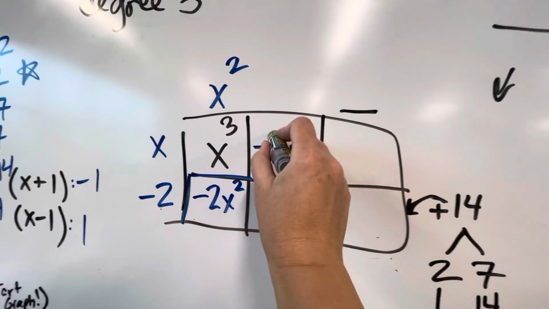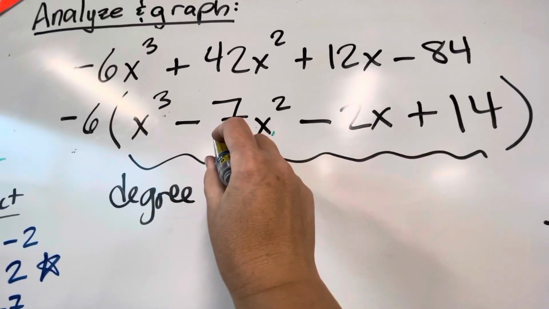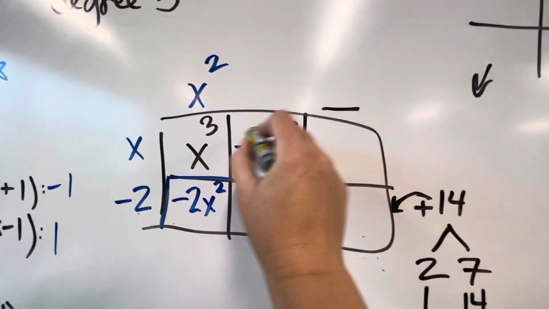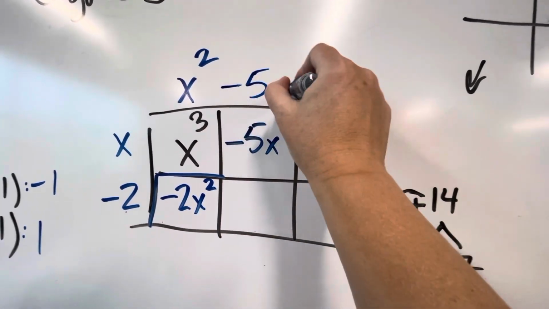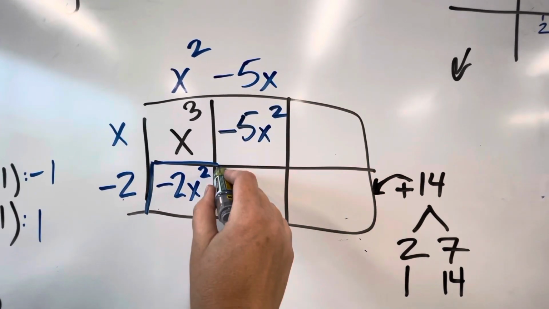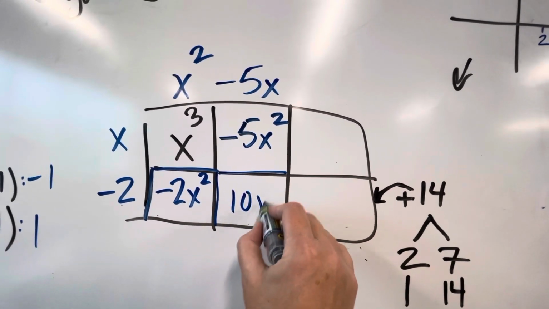So I need another -5x squared to finish out my -7x squared. So to get this, I'm going to need to multiply my x height by -5x wide. Now that I have the width, negative 5x, I multiply that by negative 2 to get a 10x.